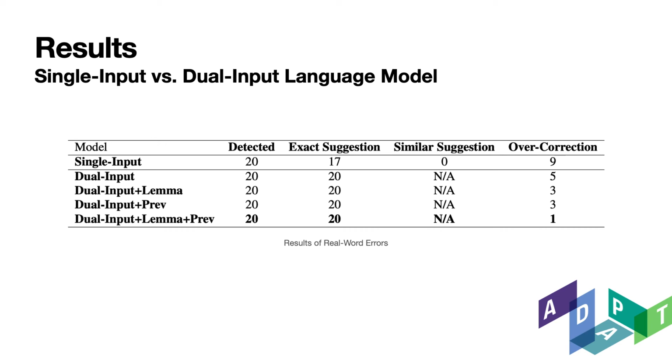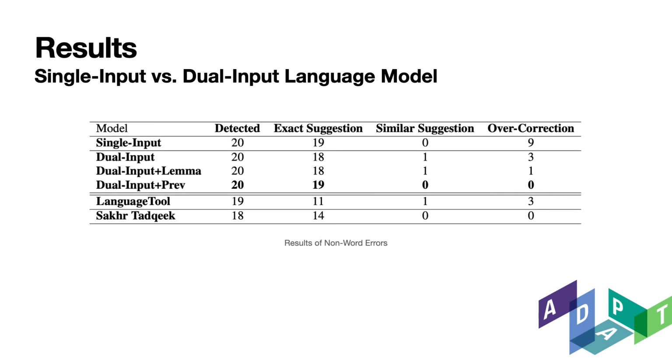So as you can see in the table, for real word errors that are correct but not in the current context, our dual input model outperforms the single input model. Similarly, for non-word errors that are not correct at all, our dual input model outperforms the single input model, as well as two popular tools used for Arabic spelling correction.